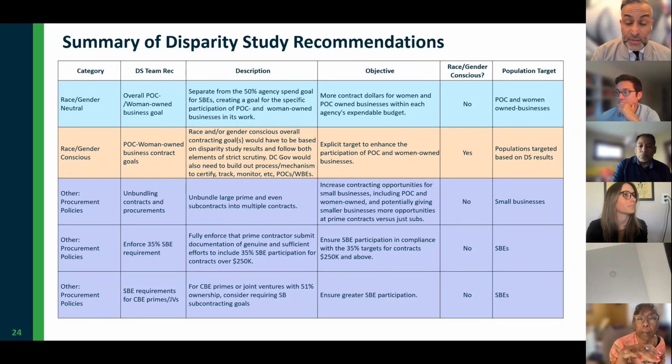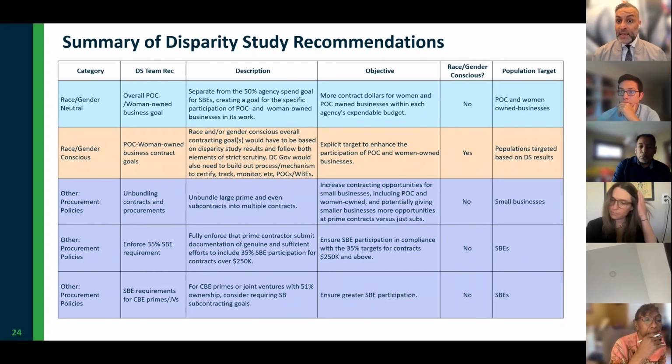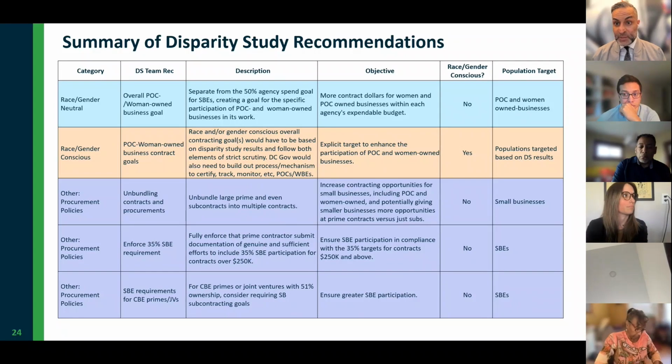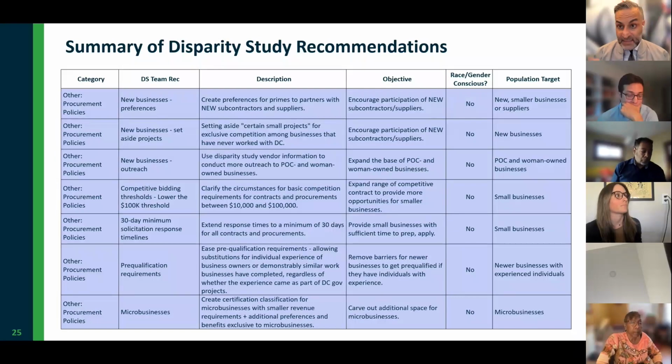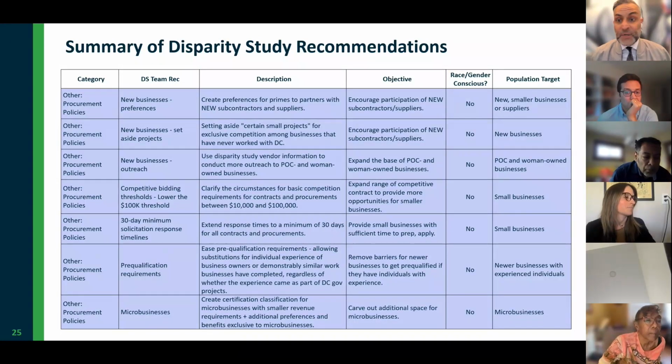So that includes unbundling contracts and procurements so that contract sizes on average can be smaller and more accessible to POC and woman-owned businesses and other small businesses, streamlining various procurement policies, helping to ensure that businesses are paid promptly on DC government work, so that businesses have better access to capital, and a variety of other race and gender neutral measures as well.